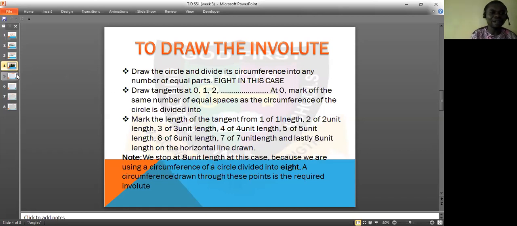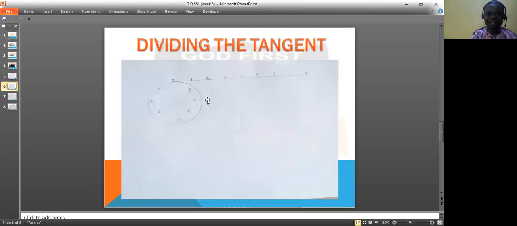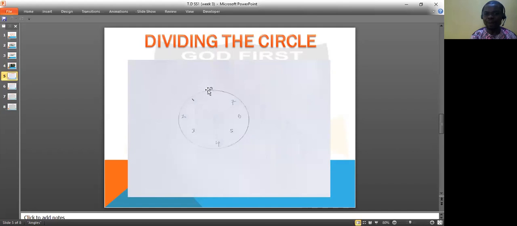Then let's have this circle divided into 8 equal parts. This is the circle. Then this circle has point 0 here, point 1, point 2, point 3, point 4, point 5, point 6, point 7, and then 0 is the 8th one.